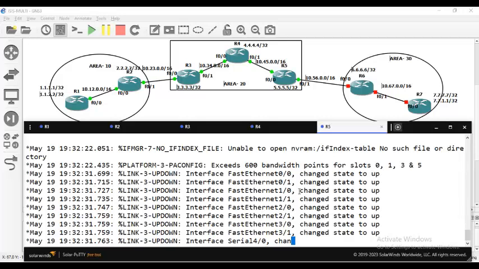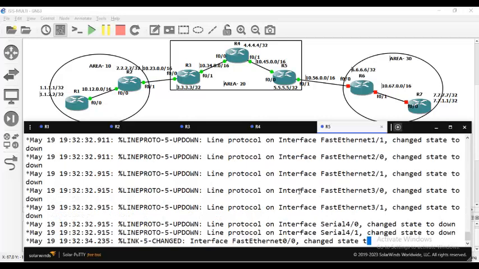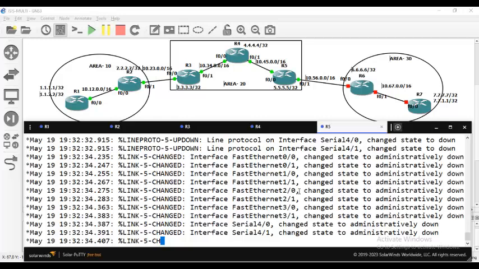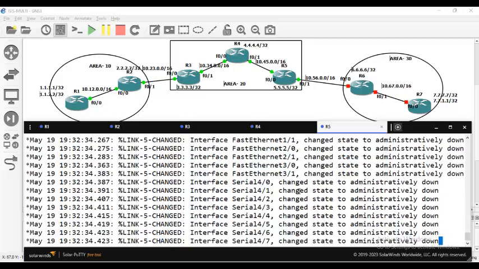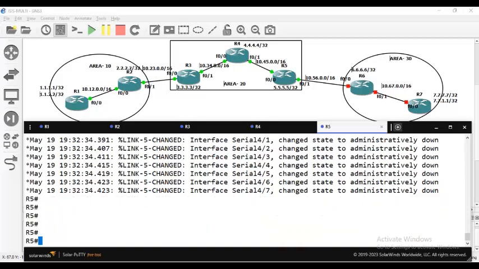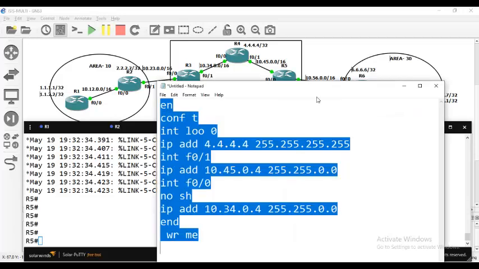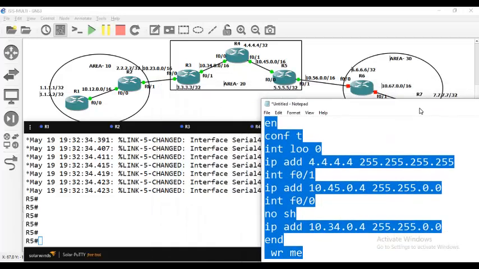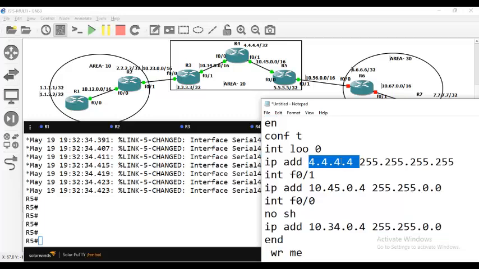Router 5 configuration. Okay, this goes on router 5.